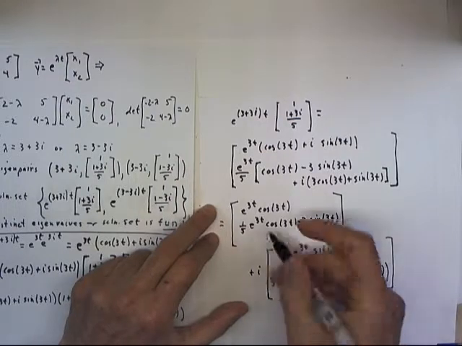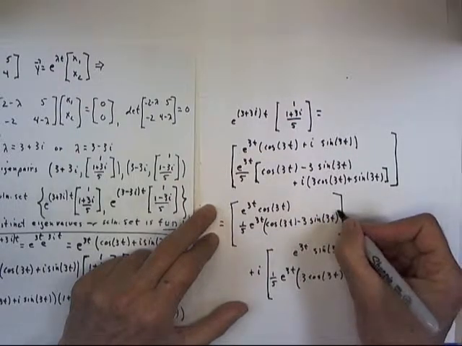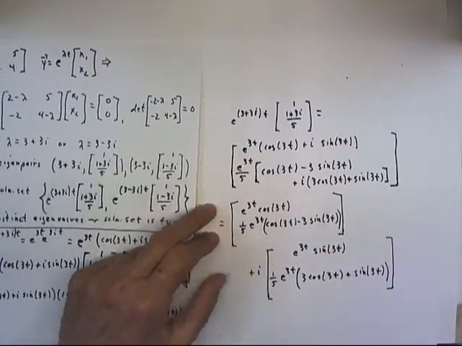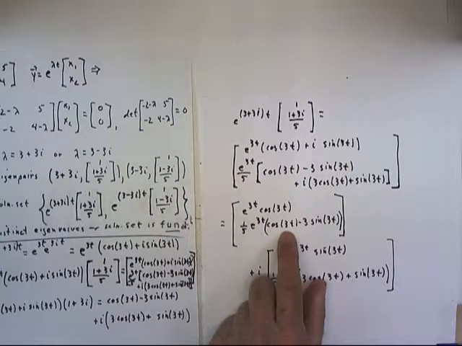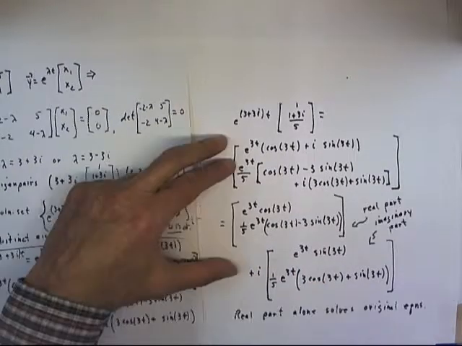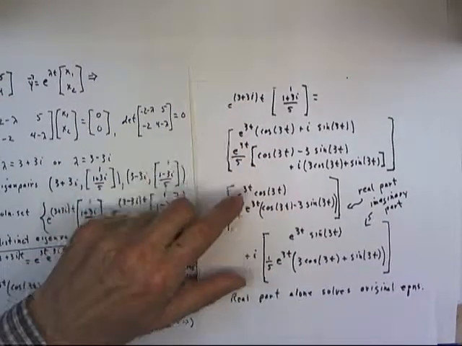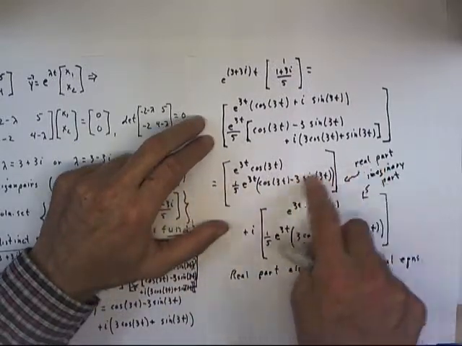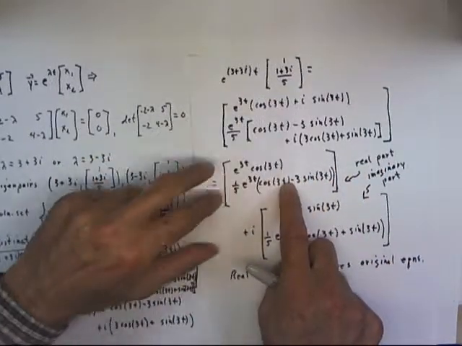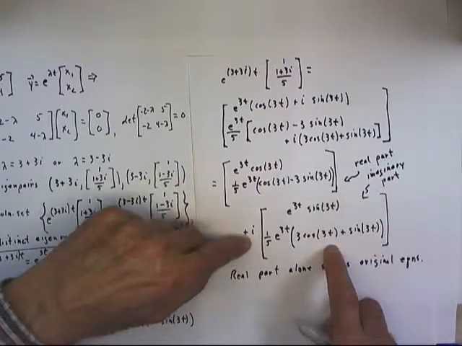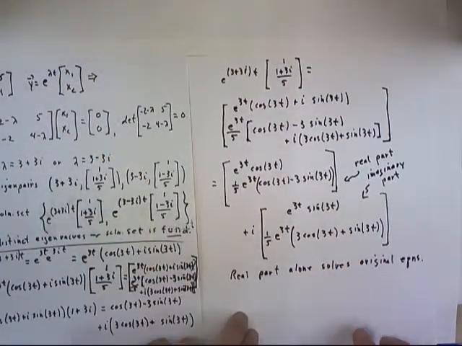And I noticed in writing this out that I neglected to put this much of the second component here in parentheses. And I've labeled this solution as the real part of this function, this as the imaginary part of this function.